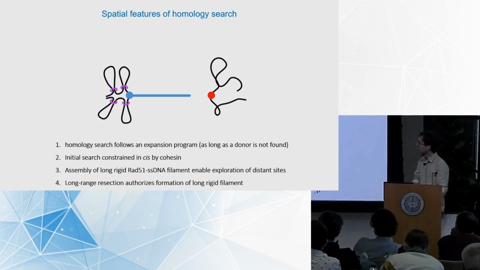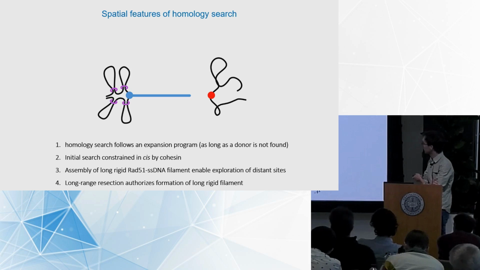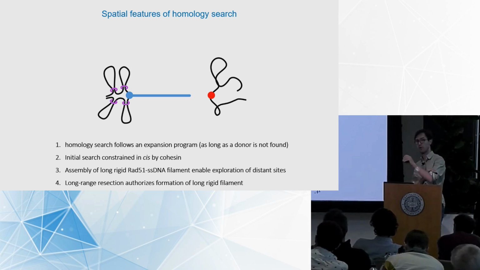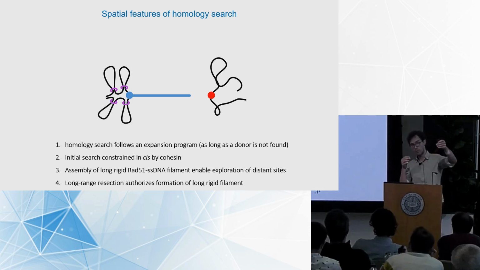So this is a first summary about the special features of homology search we could define from this experiment. The first is that homology search follows an expansion program. It starts local, but then the oligomerization properties of Rad51 and the rigidity of the filament over time, in the absence of repair, is going to push the search to greater distances.